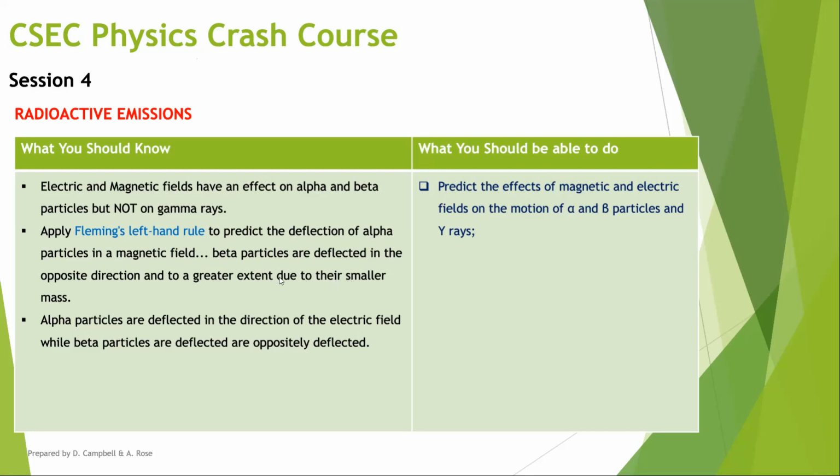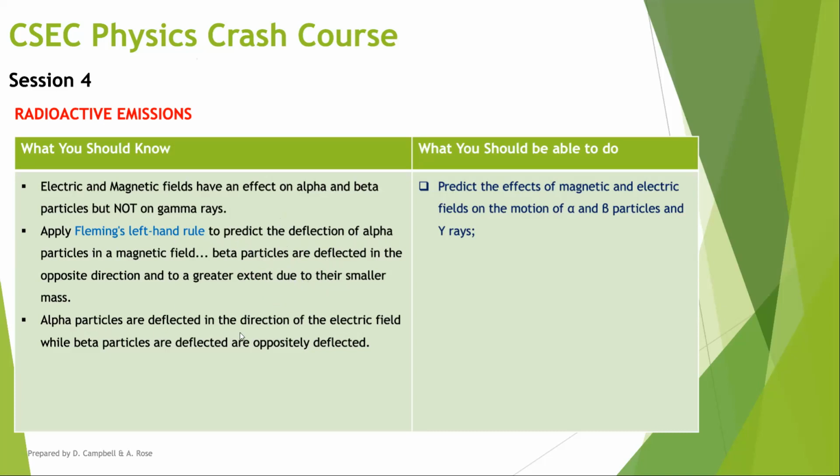So they are more affected than the alpha particles. Alpha particles are much more massive than beta particles. So they will be affected less than the beta particles. Gamma rays are unaffected, so they pass straight through.